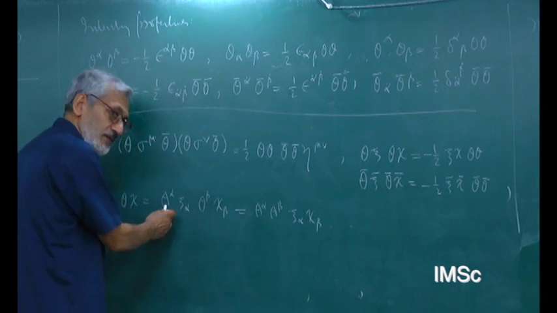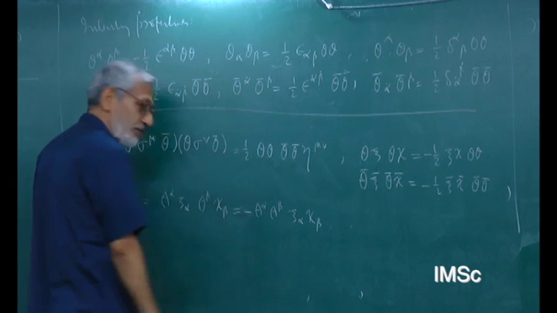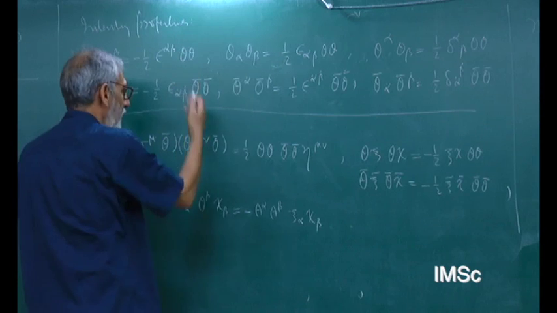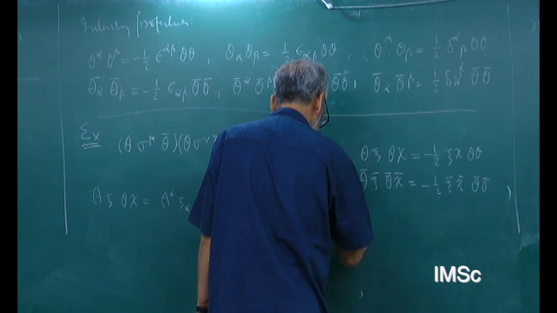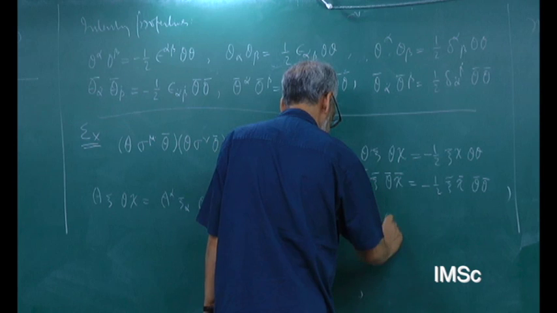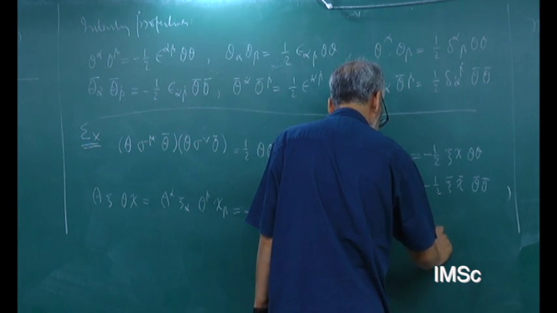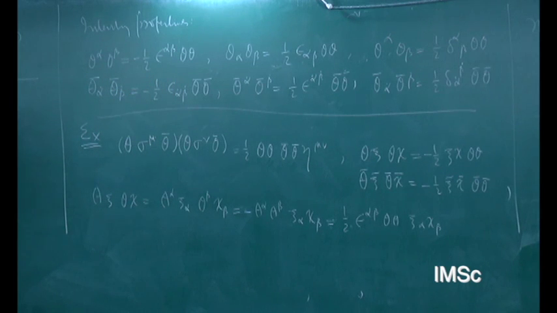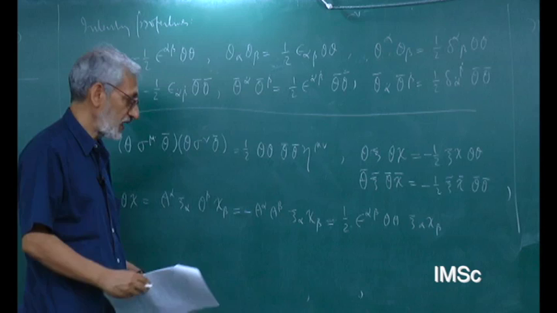Take theta across here, but you have taken across a fermionic object, so put a minus sign. Now use this property here. Extra minus sign, this minus sign goes away, that's half.